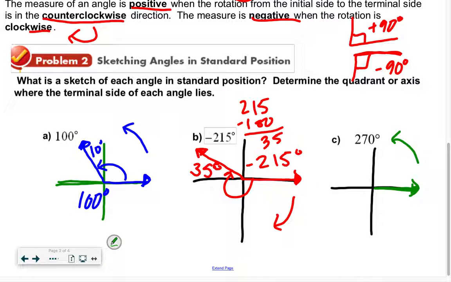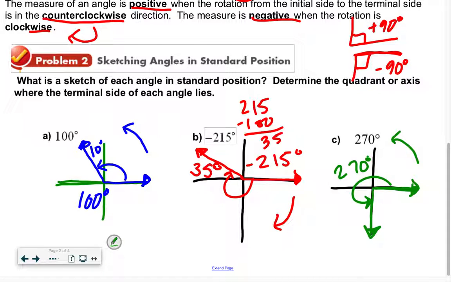This line is 90. What's this line? So I am straight down. I'm exactly on my line. Let's draw our arrow showing which way we went. And then again, we're going to label the whole angle as 270. We don't need to write the difference of anything because it's exactly on that line.